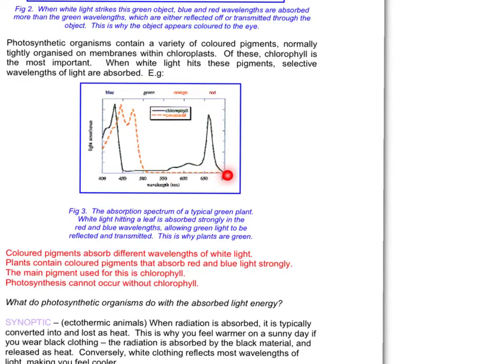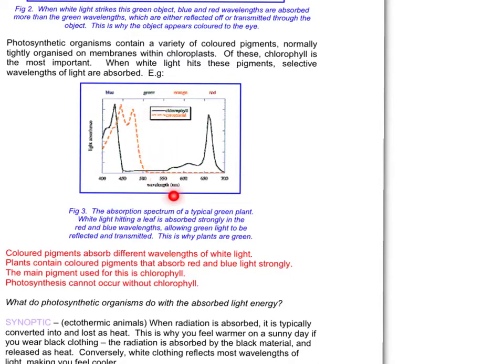But you'll also notice, if you take a close look at the graph, the part of the chart that's absolutely not being absorbed at all is this section of the green light, maybe 510 to around 555 or so.